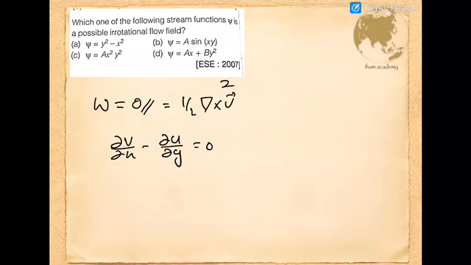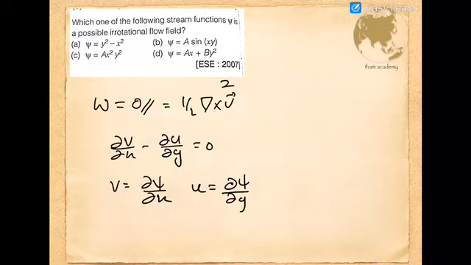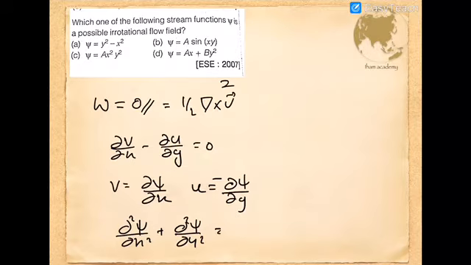For a stream function, psi is related to velocity v is equal to ∂psi/∂x, and velocity u is related to psi by ∂psi/∂y with a negative sign. Suppose we substitute this in this equation, we will get ∂²psi/∂x² plus ∂²psi/∂y² should be 0.